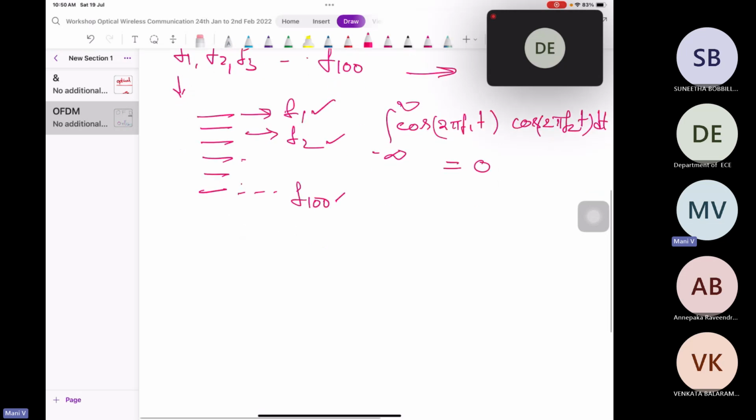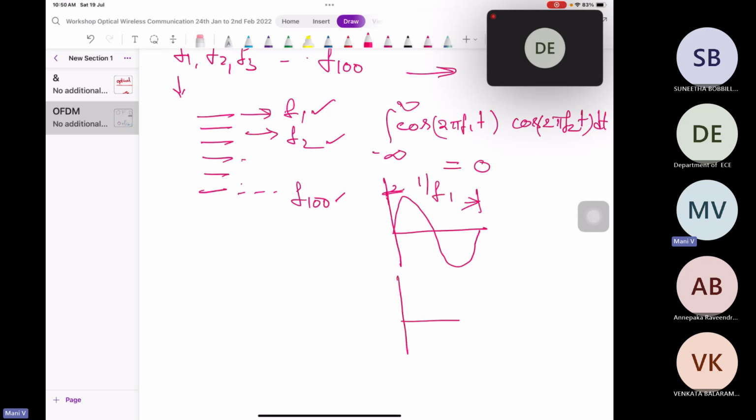Let me take this example now. Here I am mentioning cos, and maybe I can mention a sine signal also. This is one sine signal with a carrier frequency of f1. What is frequency? The frequency is related to the time taken to complete one full cycle, right? So I'll call that time 1 by f1.